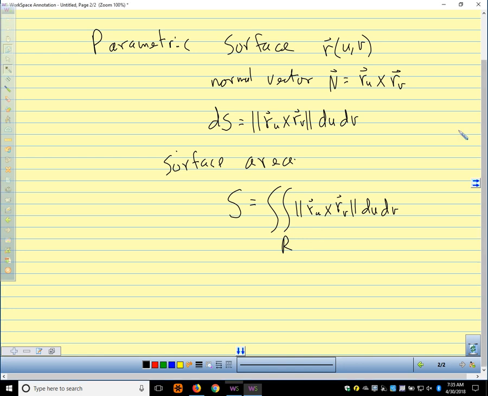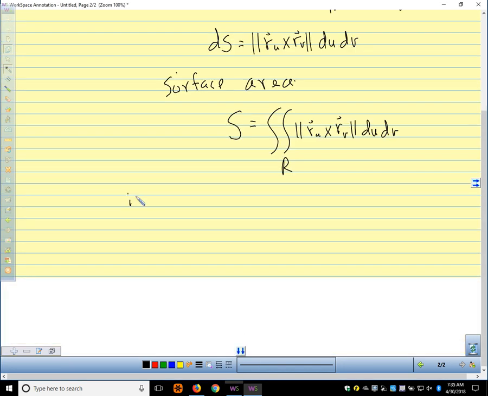And if our surface is given as z equals f of x y, then dS was the square root of f sub x squared plus f sub y squared plus 1 dA.